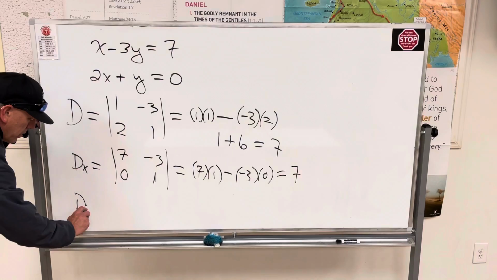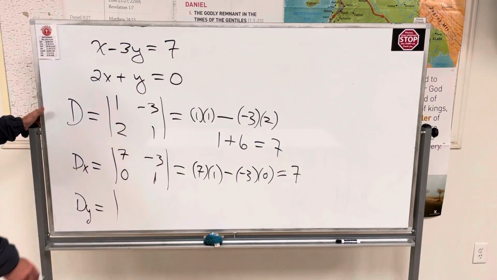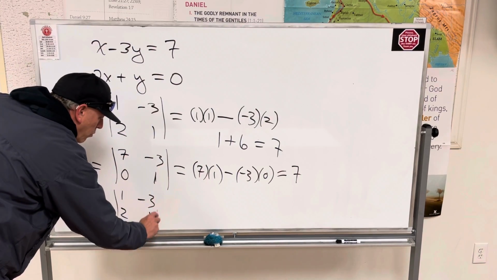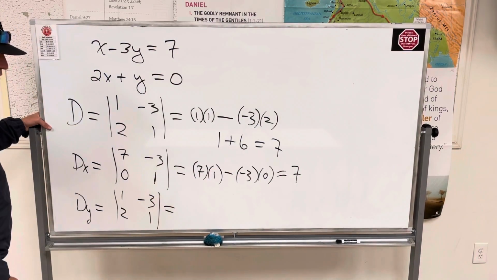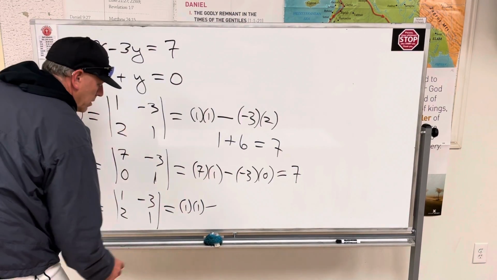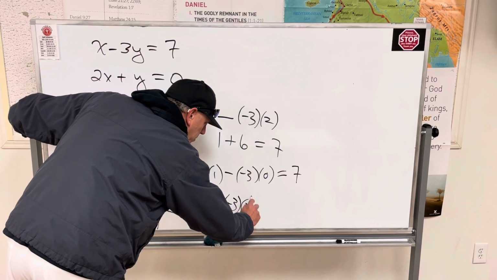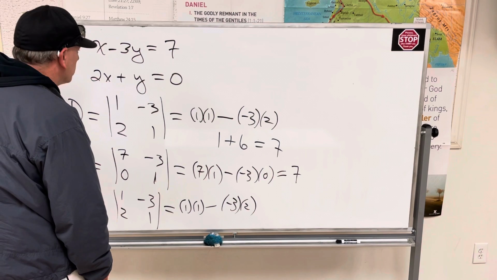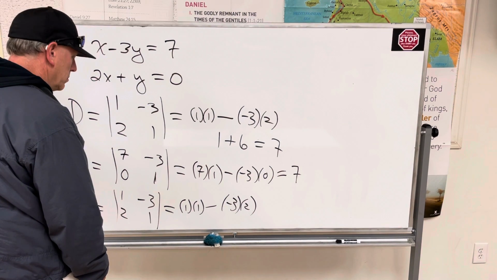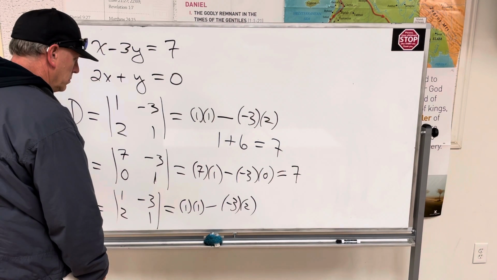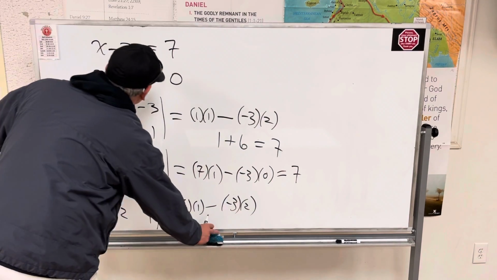Now, dy is equal to, we're going to write 1 and 2, and we're also going to write minus 3 and 1. Oh, wait.